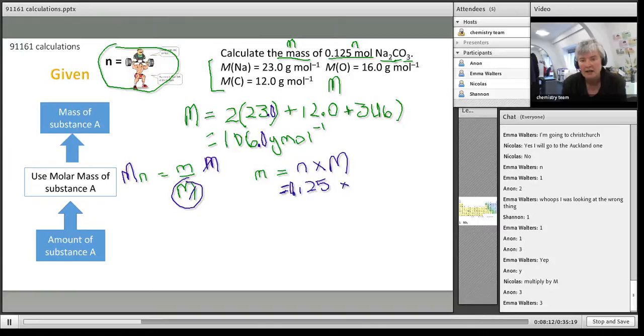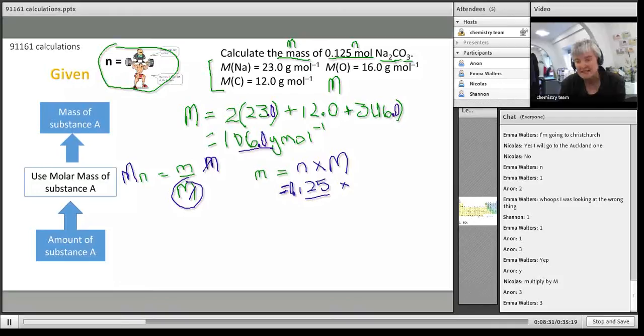Okay, and that should have been a 16.02. So I've got 4 significant figures here. I've got 3 significant figures there, so my answer should be to the least accurate data, so your answer should be to 3 significant figures.